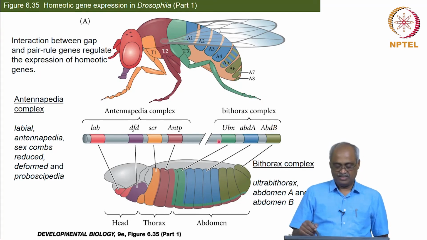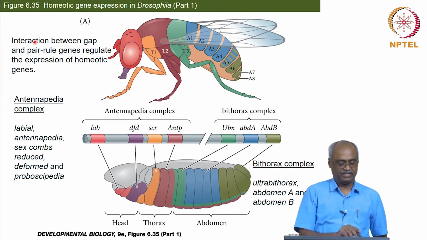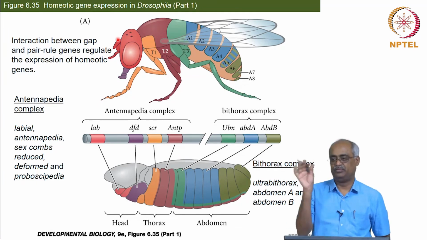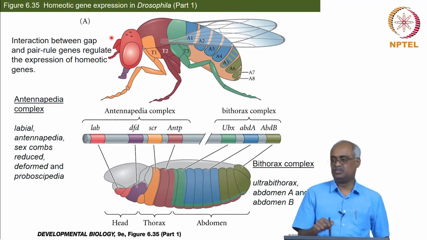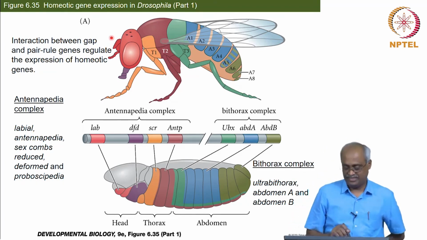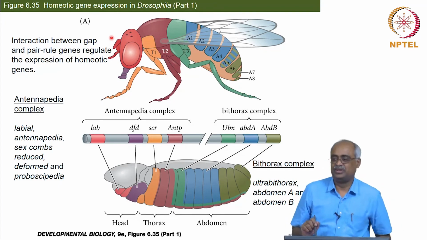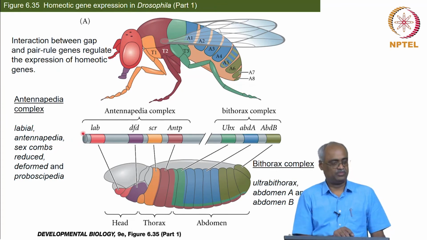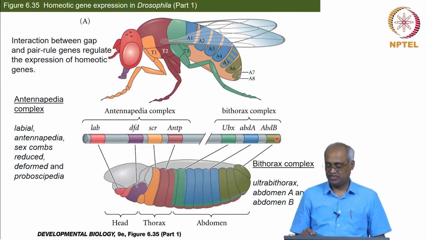These genes are called homeotic genes. They are turned on by the interaction between the gap genes and the pair rule genes. Their different concentrations in different regions end up activating these genes. The fascinating thing about these genes, if you look at the color code here, this is the left part of the chromosome, and this is the right.